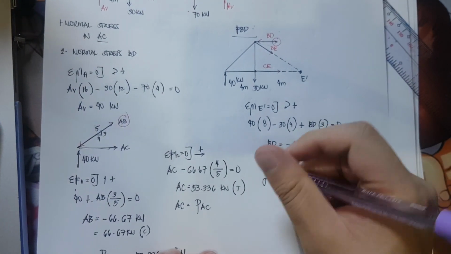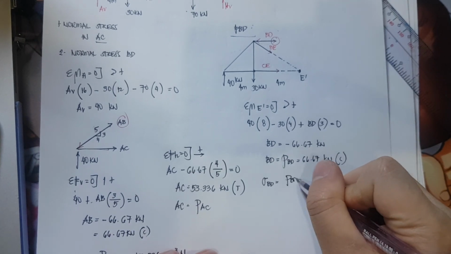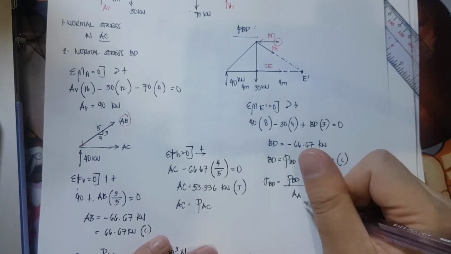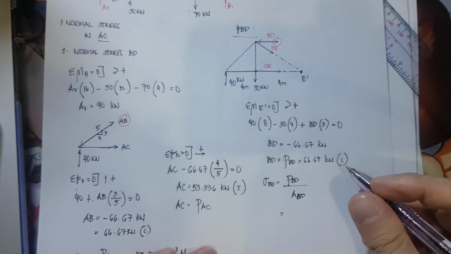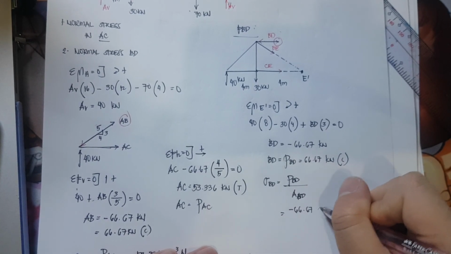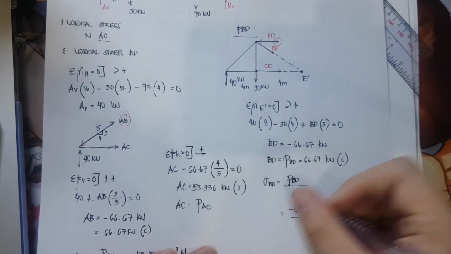Now, to solve for the normal stress, BD is equivalent to force BD divided by the cross-sectional area of member BD. Substituting, we have negative 66.67 times 10 raised to 3 divided by the area of 900.